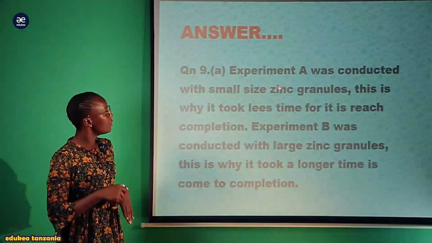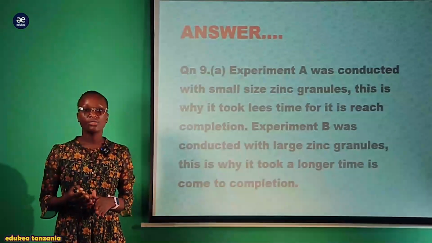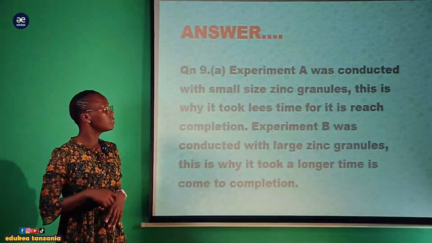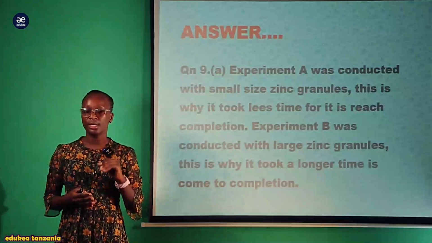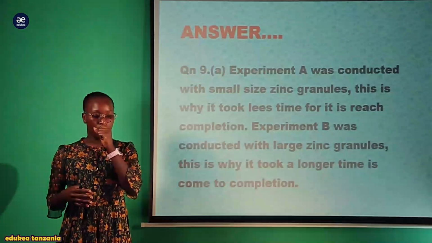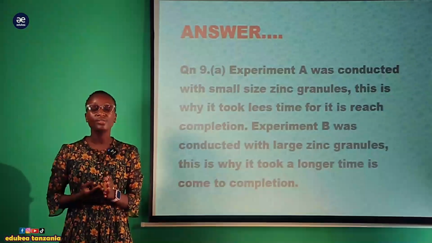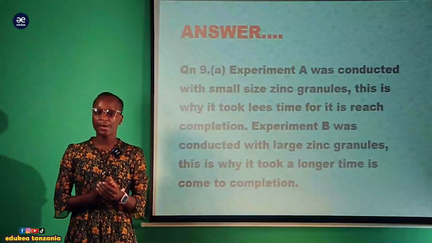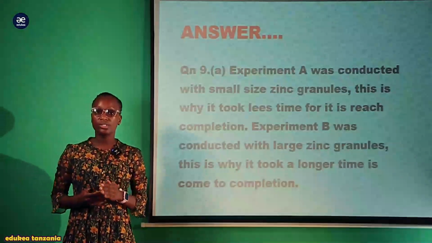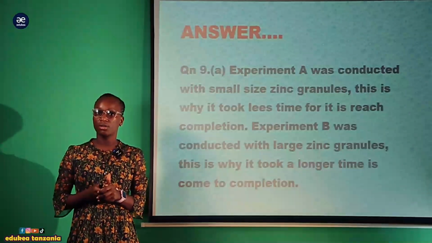Why? The simple answer here is that experiment A was conducted with the small size of the zinc granule. We know that to prepare this hydrogen gas, we have to react the zinc with the dilute acid, which is hydrochloric acid.